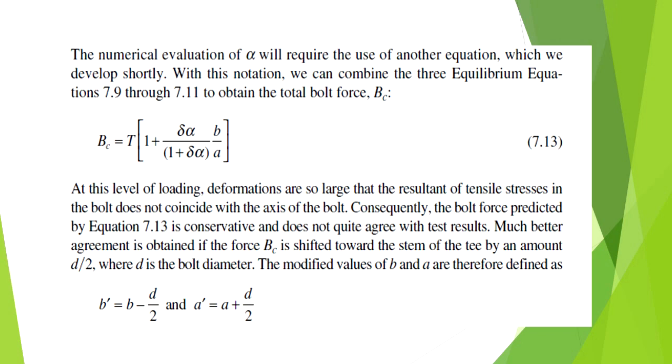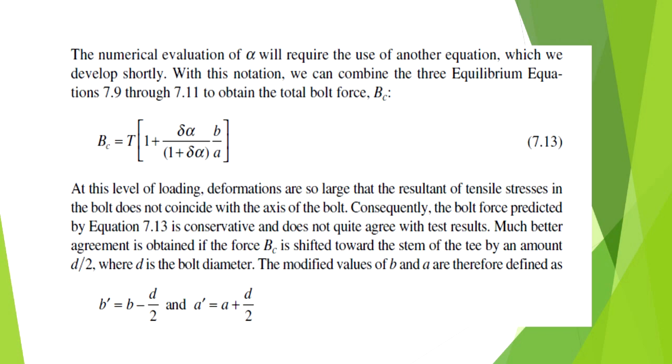With this notation, we can combine the three equilibrium equations 7.9 through 7.11 to obtain the total bolt force B_C. B_C is equal to T times (1 plus delta alpha) divided by (1 plus delta alpha times b over a). At this level of loading, deformations are so large that the resultant of tensile stresses in the bolt does not coincide with the axis of the bolt.